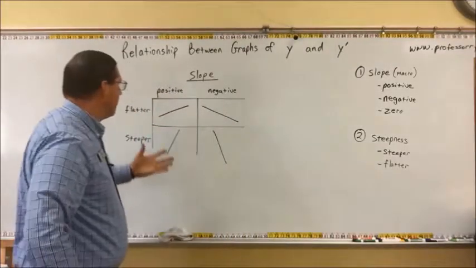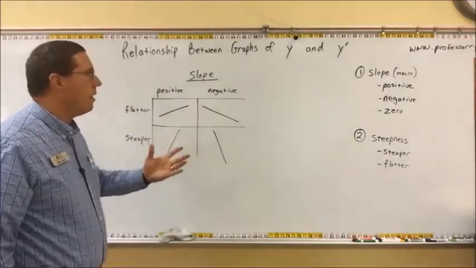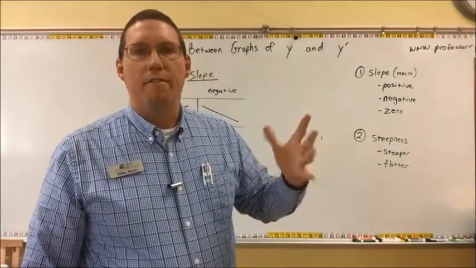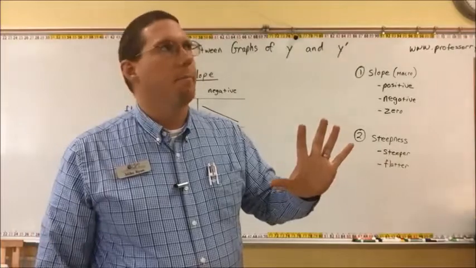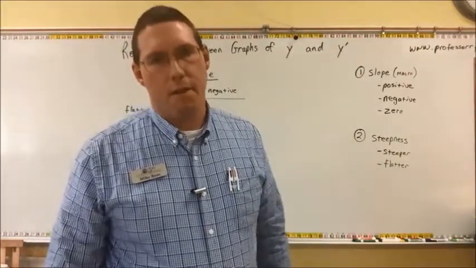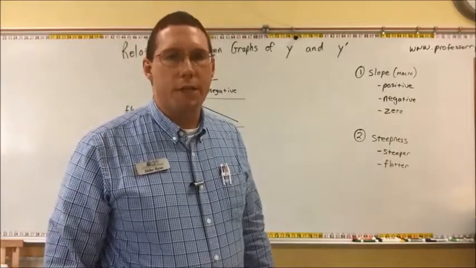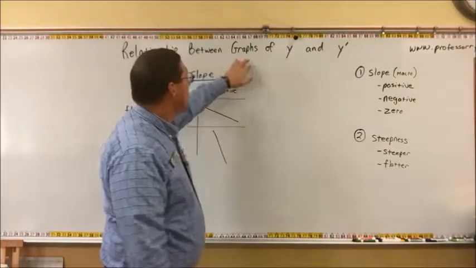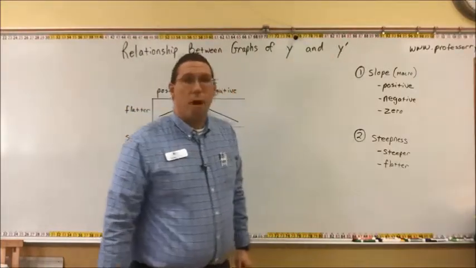understanding. And so here's what I'm going to do, is I'm going to give you 5 qualities or 5 indicators, 5 concepts that will help you understand how to recognize the relationship between the graph of y and the graph of y prime.